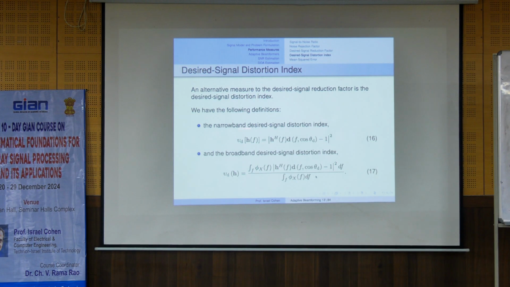For the narrowband, we don't actually need the spectrum of the signal, but for the broadband, we need it. That's why we couldn't define the distortion index for fixed beamforming, because we don't know the variance of X, which is the spectrum of the desired signal. And we work with directions. Any questions? Okay, let's continue.